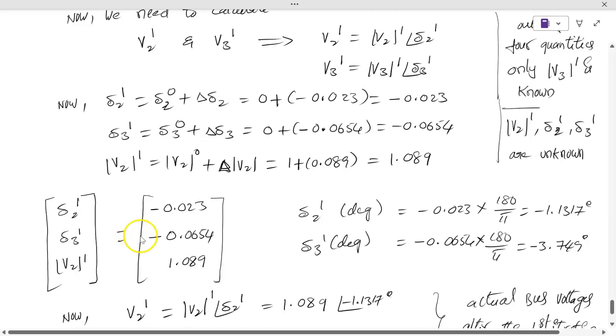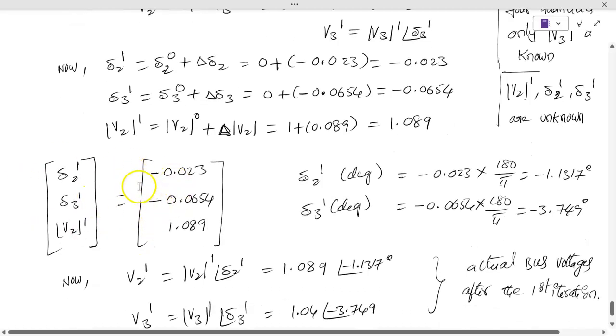Now writing the equation in matrix form, that is del 2^1, del 3^1 and V2^1. Del 2^1 we calculated this value, del 3^1 we calculated this value, substitute here. Then V2^1 is this value. But whatever values are calculated for dels, they are in radians. But we need to have these values in degrees.